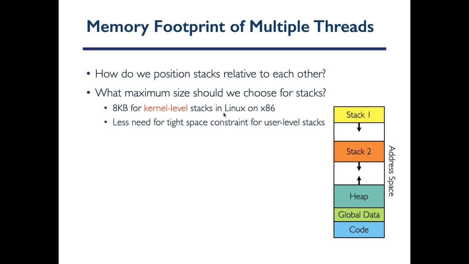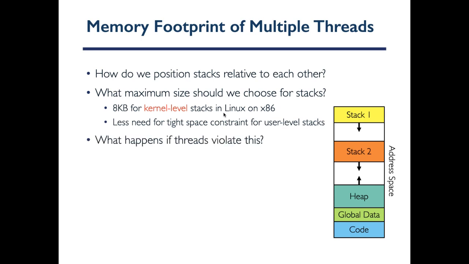So we don't really need to be conservative here in how much we give the stack. Usually it is provided by the user. I believe in something like Java, you can set this as a configurable parameter, how much stack space each thread gets. So we could leave that to the users of the system.